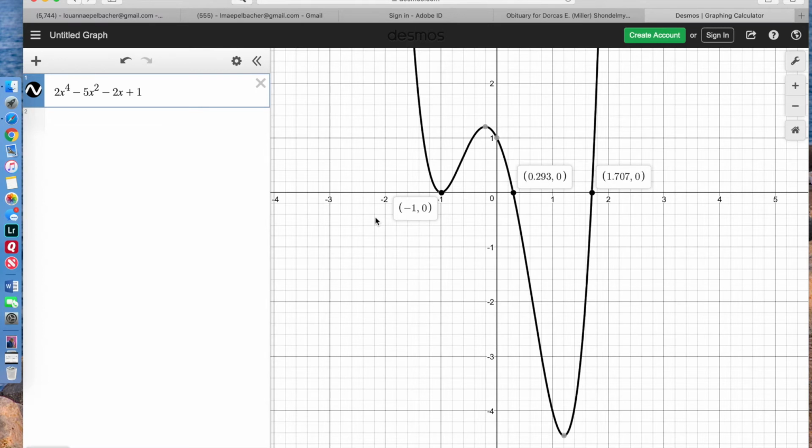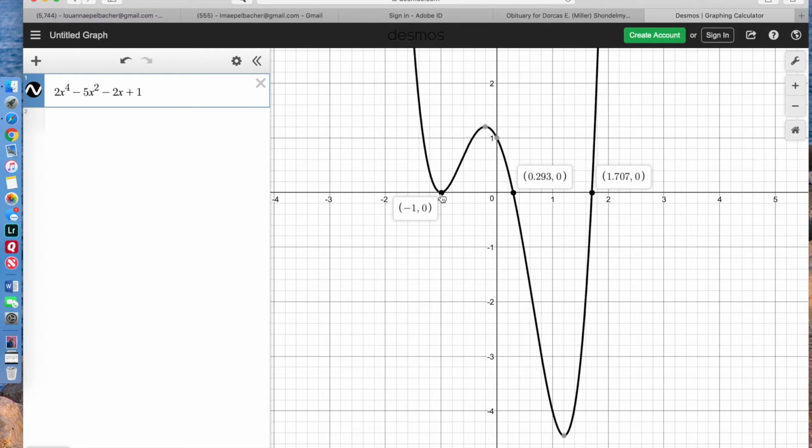But the other thing that you know by looking at the graph here is that the graph kind of bounces off of the axis, or to be more mathematically analytical, both sides of the function are on the same side of the x-axis.